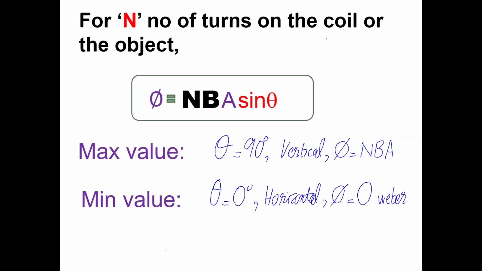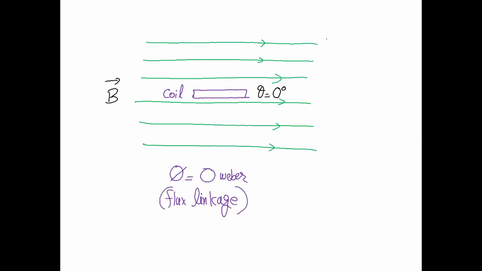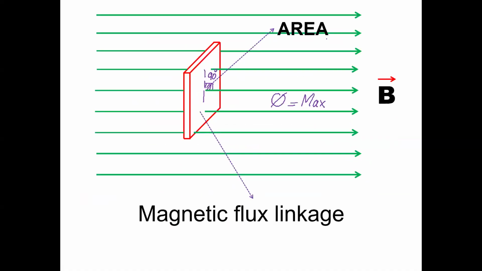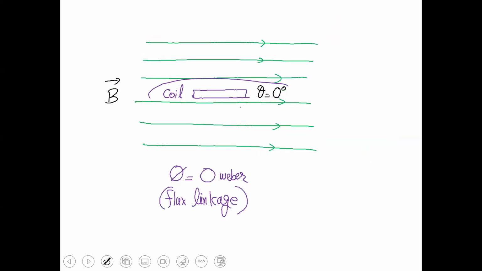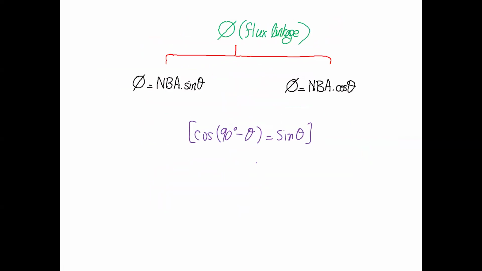And this formula shows maximum or minimum values. If the object is perpendicular, the flux linkage will be maximum. If the sheet or the object is parallel to the field, then the flux linkage is minimum.